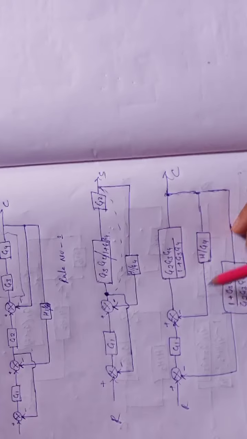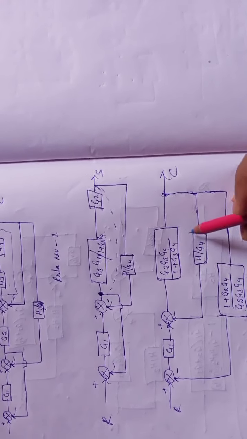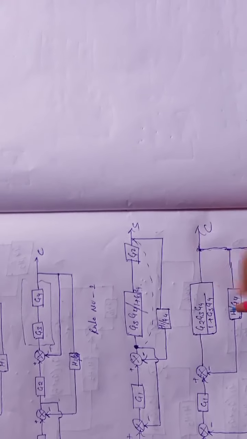Now I am reducing this block, that is negative feedback. That negative feedback is reduced into a single block.